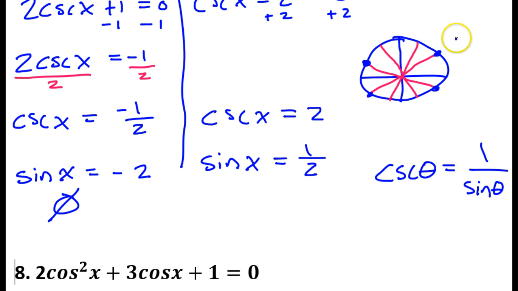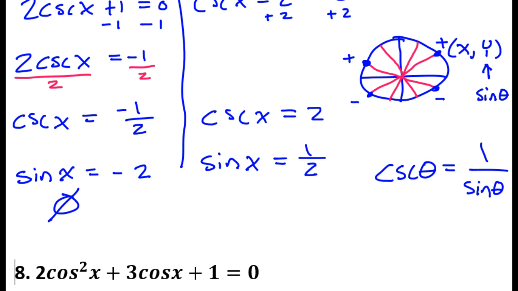Remember that on a unit circle, every point is in the form x comma y, and it is the y coordinate that is the sine of the angle. Above the x-axis, y is positive, so these are the 2 angles that will give me positive 1/2. Below the x-axis, a y value is negative, so these are the 2 angles that will give me negative 1/2.